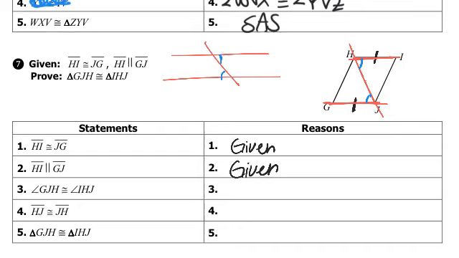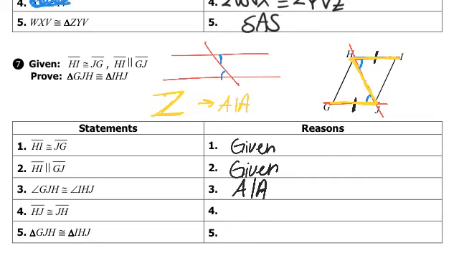Everybody see the Z? And anytime in triangle congruence I make a Z, I have alternate interior angles. Okay, so those 2 angles, the blue angles I've marked, are congruent by alternate interior angles. And that's totally a reason. Okay, so I have 2 things marked.